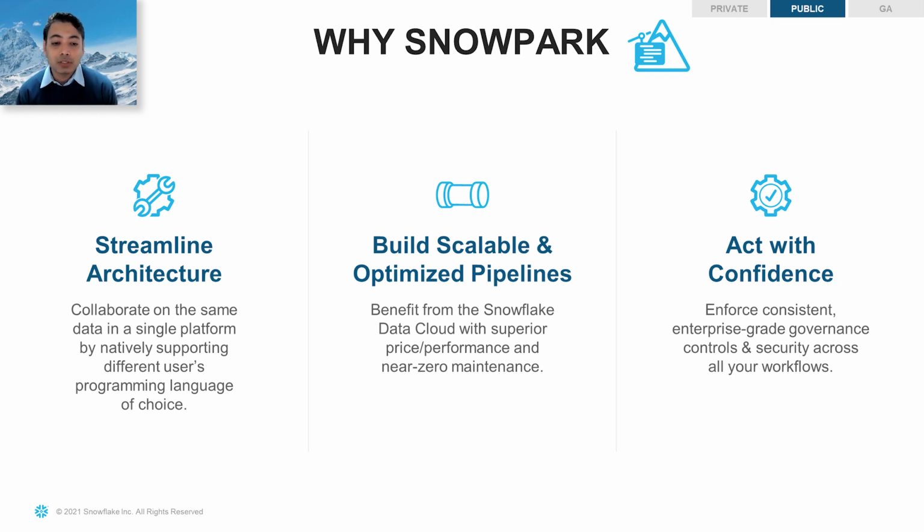And last but not least, Snowpark lets you take advantage of the same security and governance controls that Snowflake offers. Snowpark is secure by default. So as an account admin, you have complete control over the libraries that you will allow developers to execute within Snowflake.